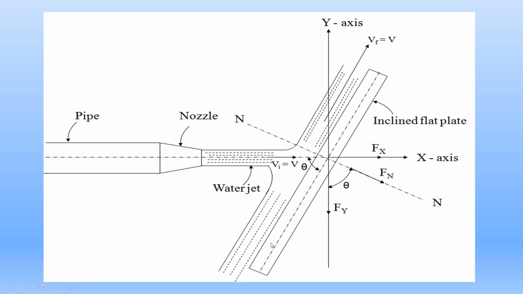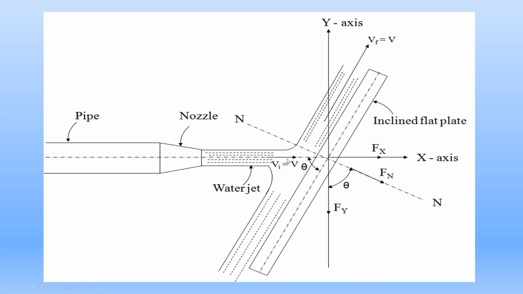Here also, when this water jet impacts this inclined stationary flat metal plate, the water jet applies force on the metal plate.